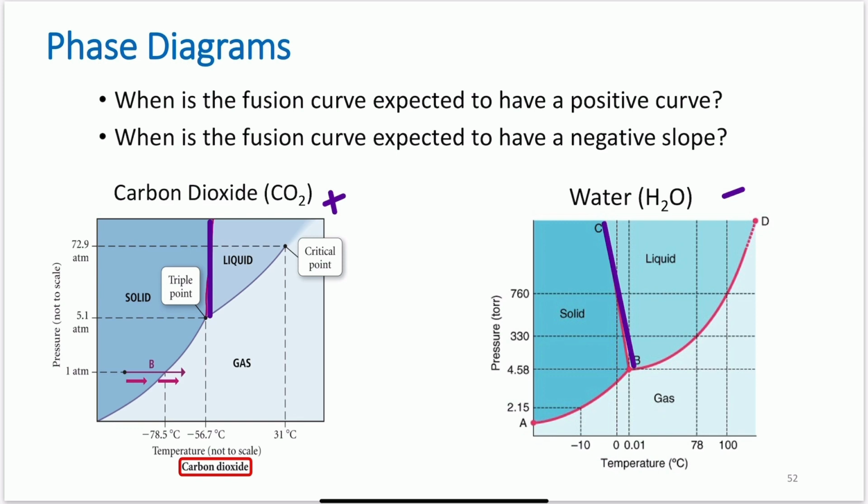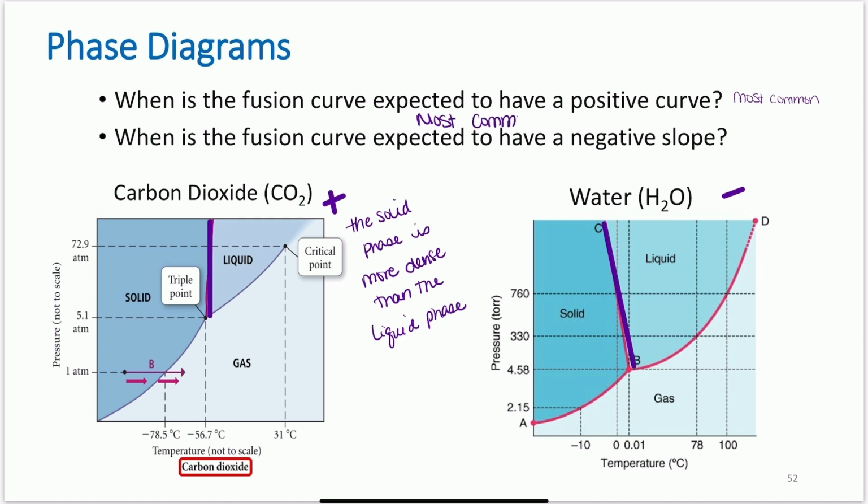Well, when you have a positive slope, such as in CO2, this is most common. And the reason this happens is the solid phase is more dense than the liquid phase. So most species will have this positive curve.